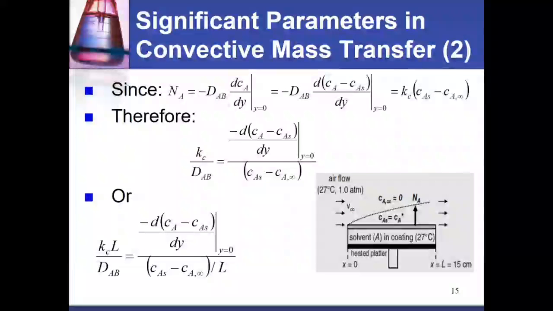Okay, so now let's go back to the example we solved last time. We had this system where we coat the surface with a solvent A plus solid polymer, and then we evaporate the solvent and leave the polymer coating on the surface.